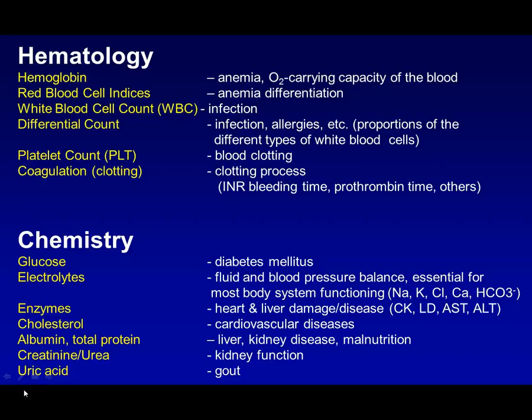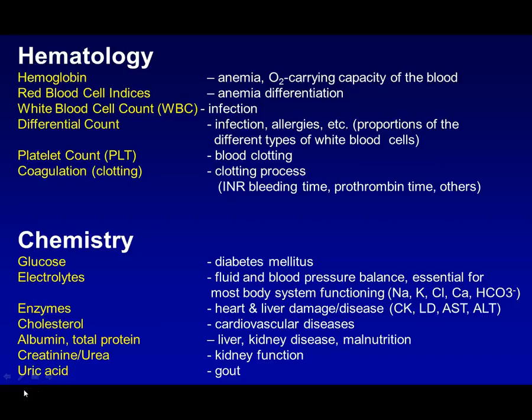The red blood cell indices, as told, are important in the differentiation of the anemia. For example, big cells indicate vitamin B12 or folic acid deficiency, but small cells indicate iron deficiency or other causes, for example, alpha thalassemia or sickle cell anemia.